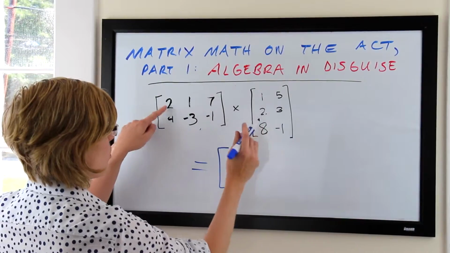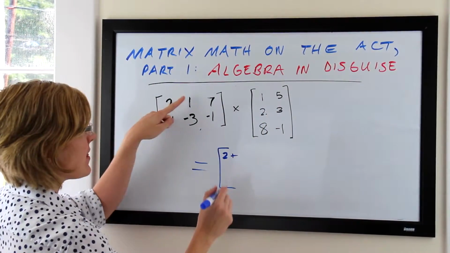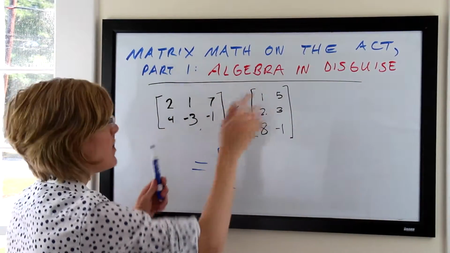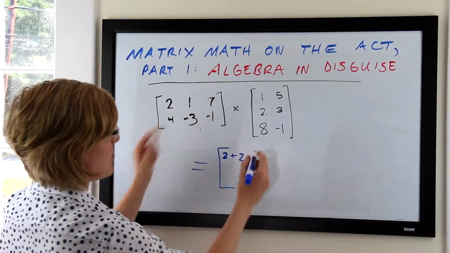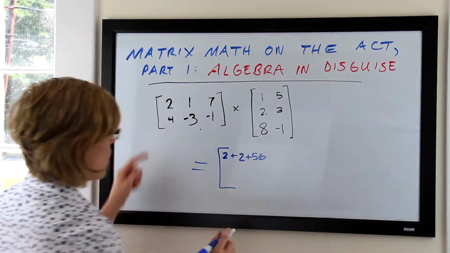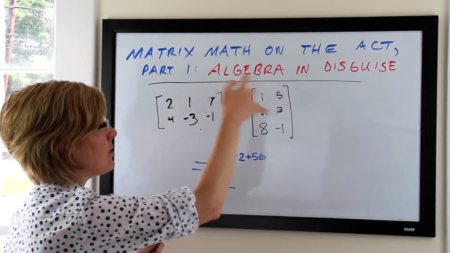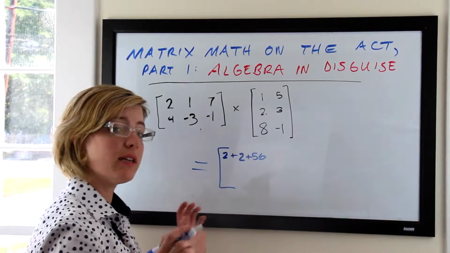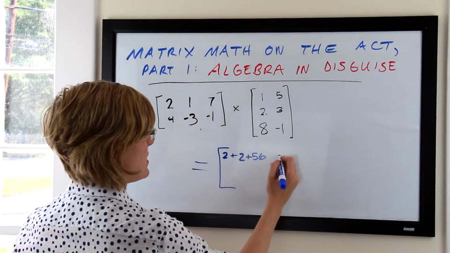We have 2 times 1, so it's 2. We're going to add the second one, because remember, we're going like this. 1 times 2 is 2. 7 times 8, 56. Okay, so now we take the first row and we multiply by the second column. And I'll explain a little bit more in a second. Stick with me here. 2 times 5, 10.